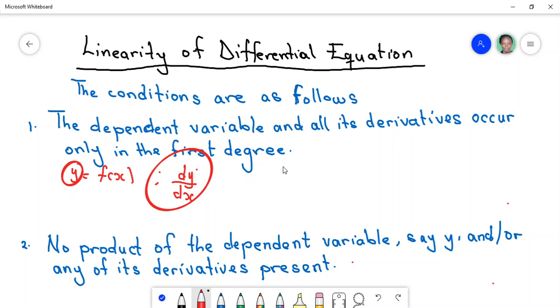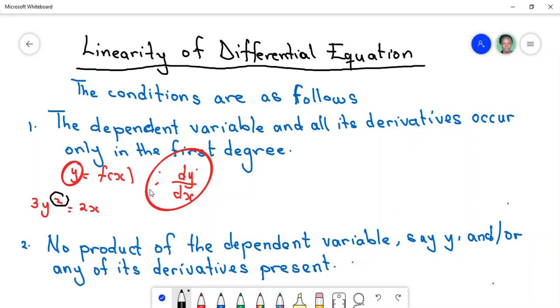So I can't have a function like 3y squared equal to 2x. With this dependent variable y, the degree should always be the first degree.